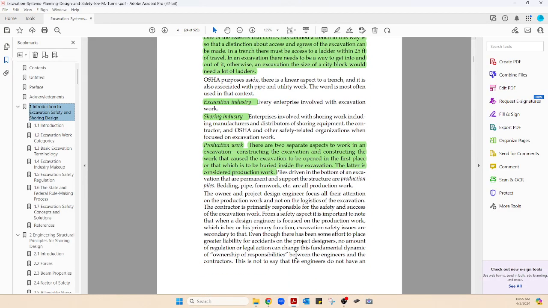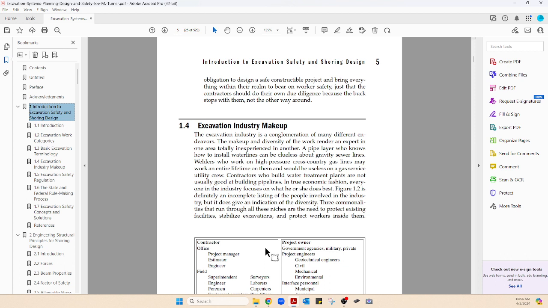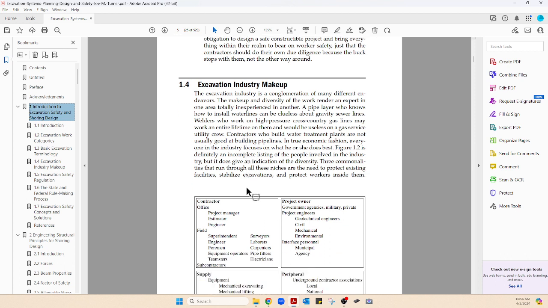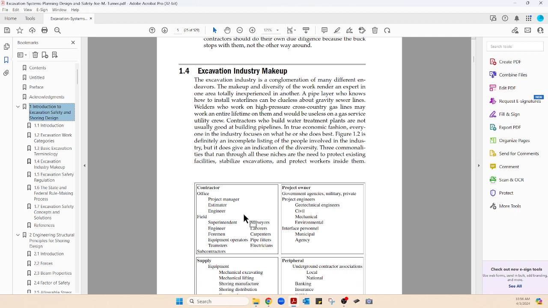And I'm going through this because I'm trying to emphasize to you to understand what this is saying. As I said before, here's the industry makeup, a little bit more, like these are the people involved. I don't know if I got a question about that. I don't think so. That may come later on.